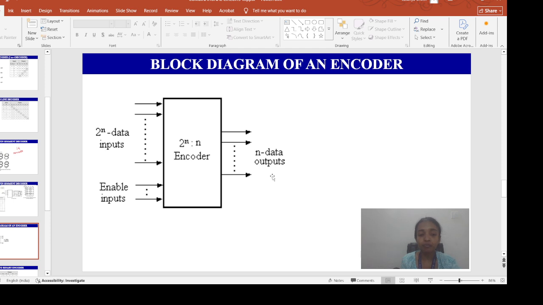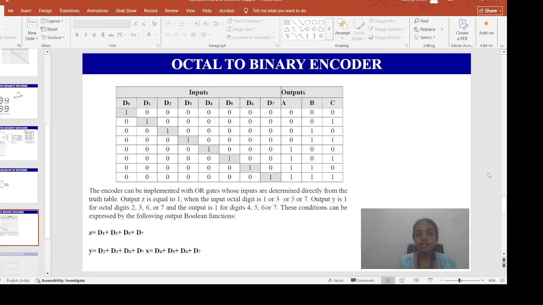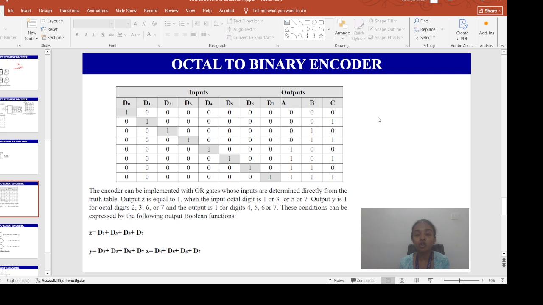Now, first we will see the circuit of the octal to binary encoder. As we have seen, it is exactly opposite to the decoder circuit. In the octal to binary encoder, it has 8 inputs as the name suggests, and 3 outputs that generate the corresponding binary number.